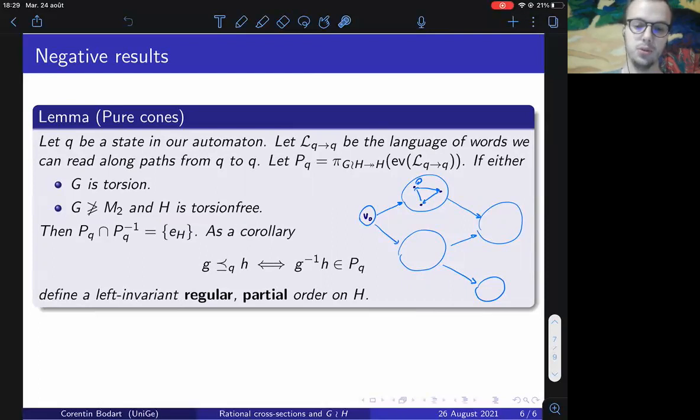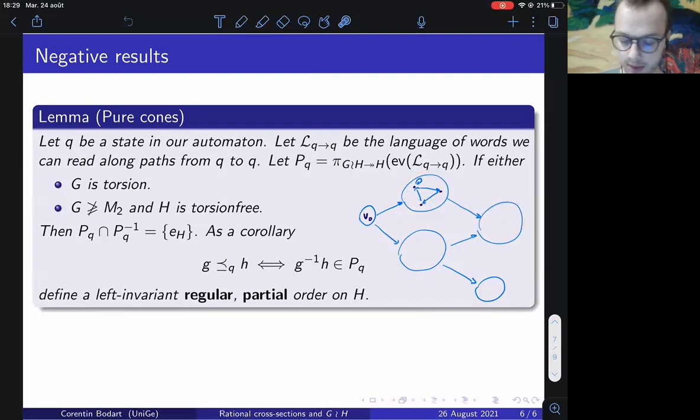If either of those two conditions is true, then we have something really nice when we're building our word in our automaton. We have some path and we are reading along it. We can decompose the automaton into strongly connected components.